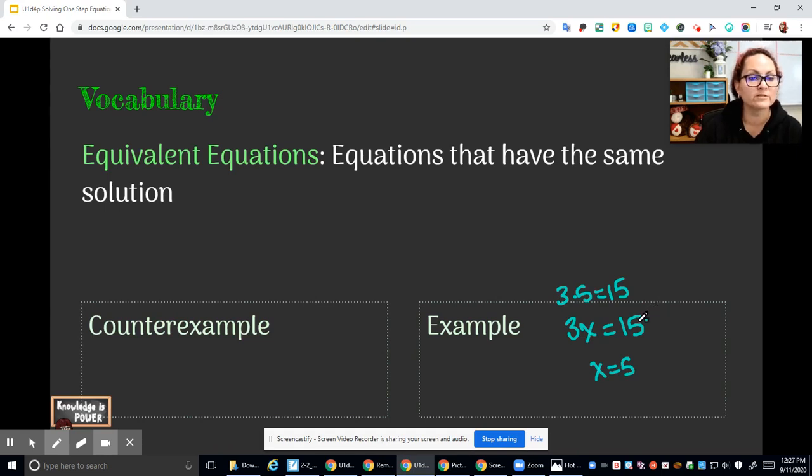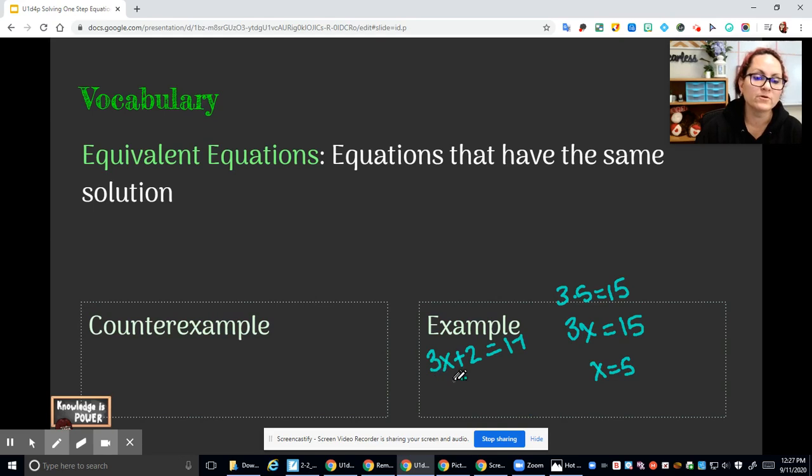An equivalent equation, one that has the same solution, might be something like 3x plus 2 equals 17.